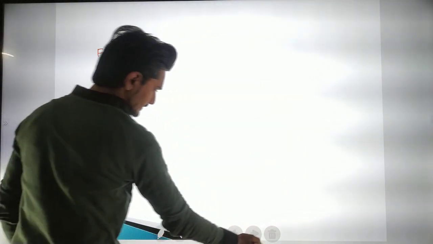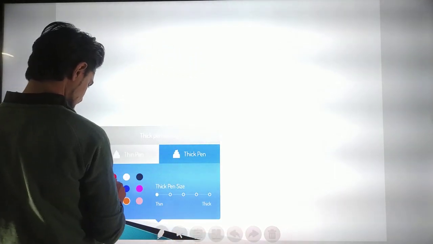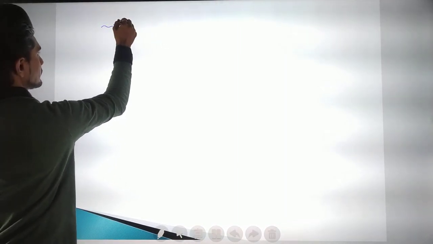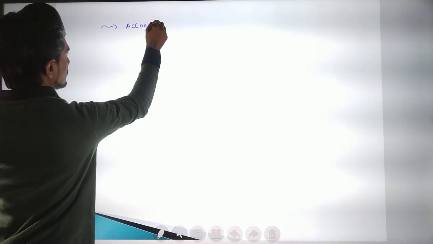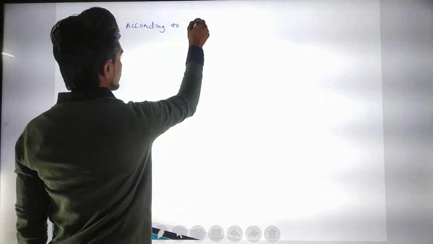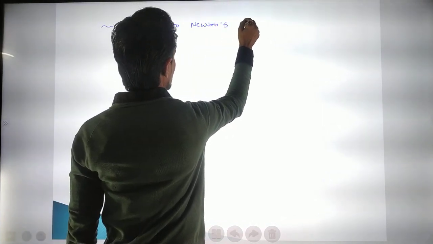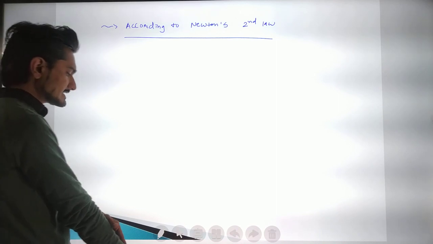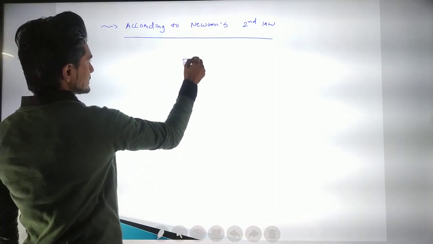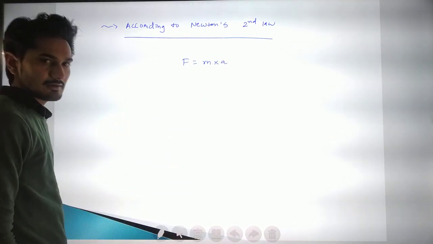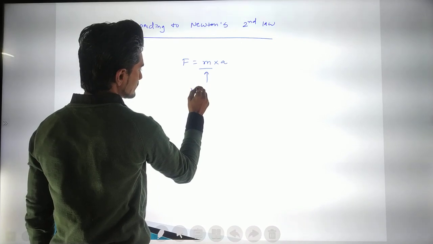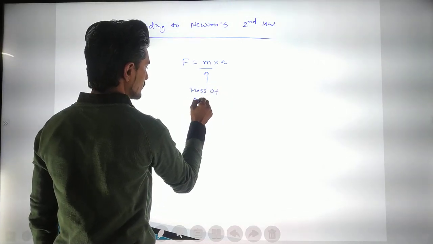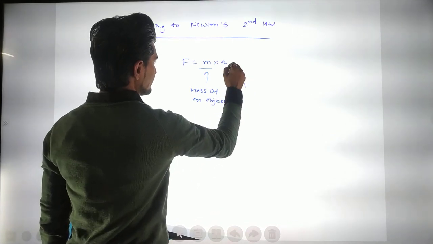According to Newton's second law, he gave us the basic idea that F is equal to m into a, where m is the mass of the object and a is the acceleration.